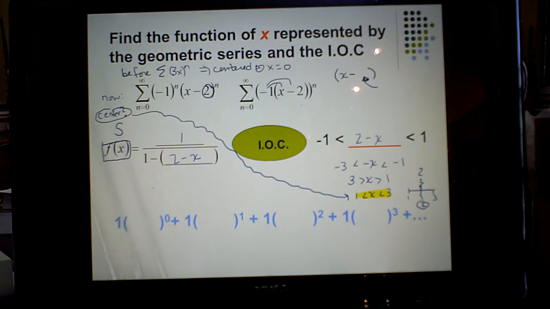For us, our center is 2. So can you guess, Algebra 1 kids, if this had been x plus 2, what your center would be, right? But when I start to construct the power series, I'm going to drop this version into it.